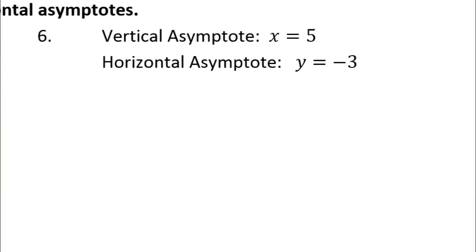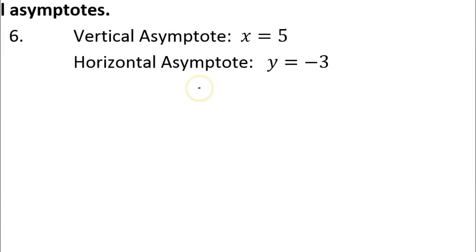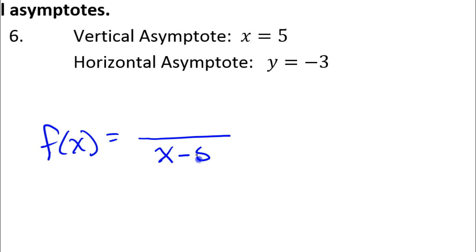Okay, let's basically do the same thing for number 6, but this time we're given the numbers instead of a picture. So here I go. f of x equals, vertical asymptote at 5. That means x minus 5 in the denominator.